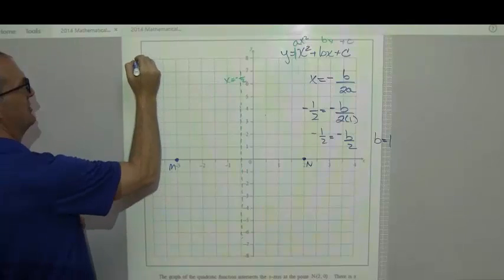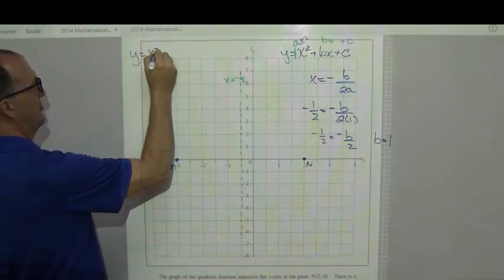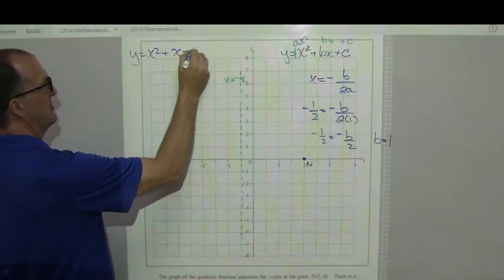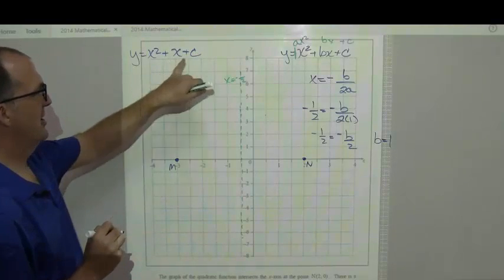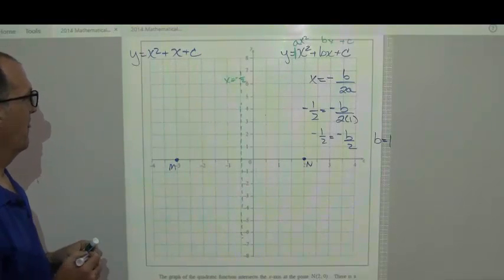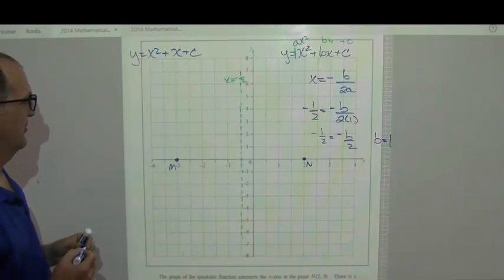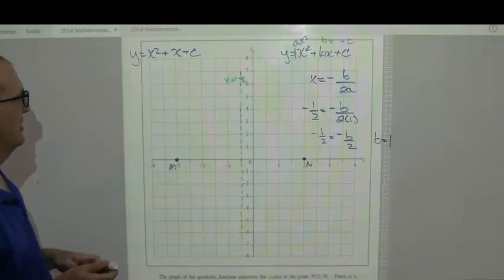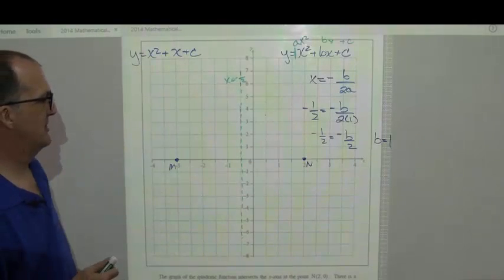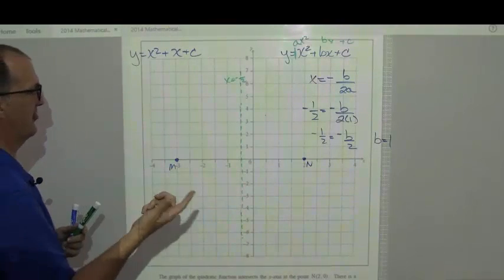So now up here in my equation, y equals x squared plus x plus c, because I now know that b is equal to 1. And now I just need to figure out c, and I can do that by substituting in one of these points that I know. And it's my pick.